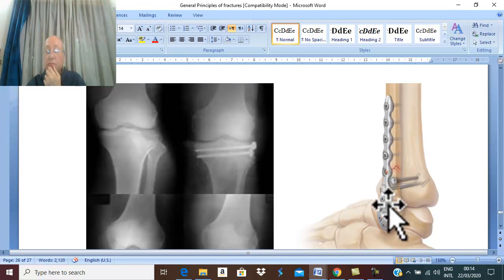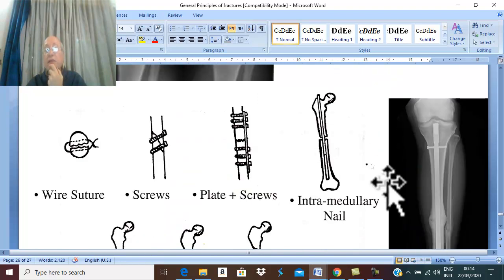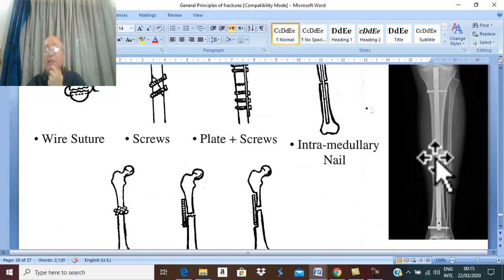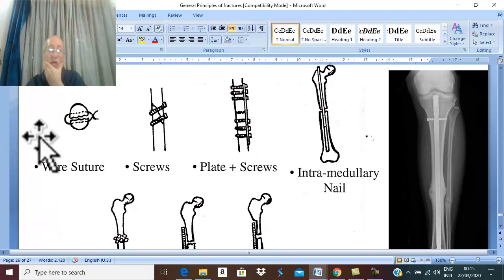Or plate and screws, and this is usually used for transverse fracture and comminuted fracture. Or this: a nail introduced inside the medulla, called intramedullary nail.